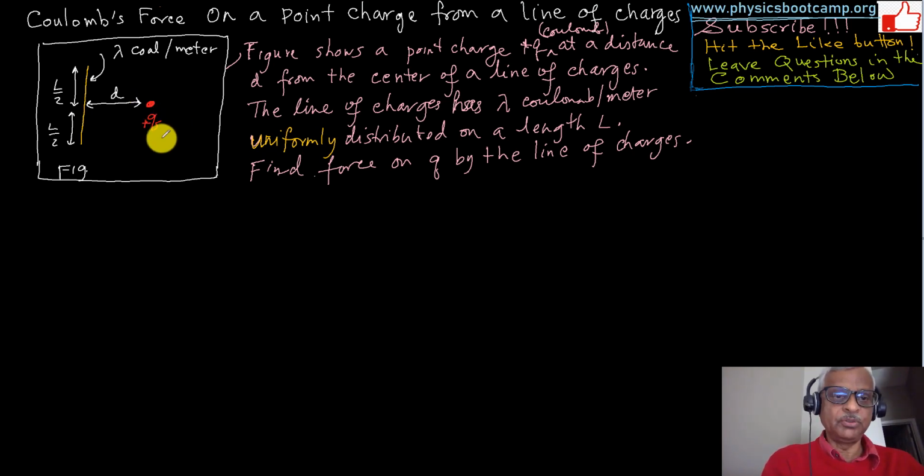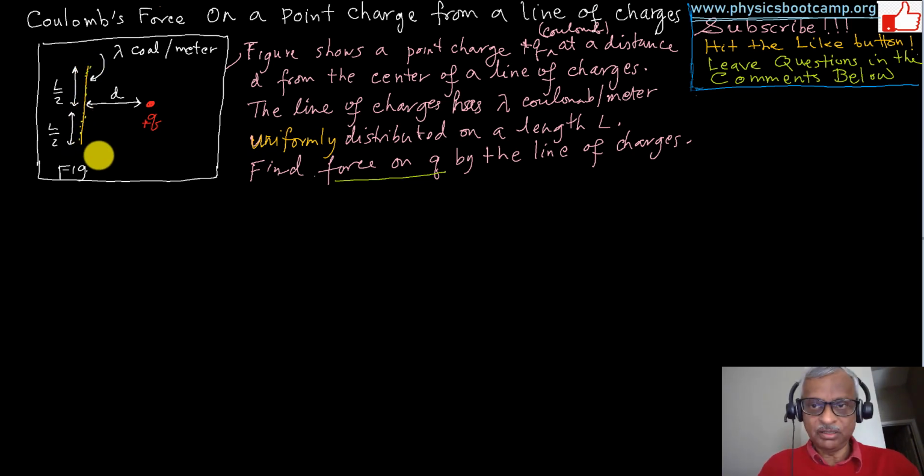We want to know the force on this charge. And then there is a continuous charge here, meaning of course they're made of maybe protons or electrons, whatever, but it is continuous. You might say it's just a model of something.